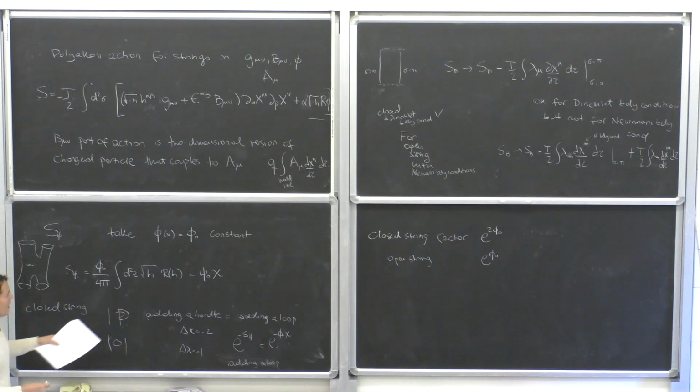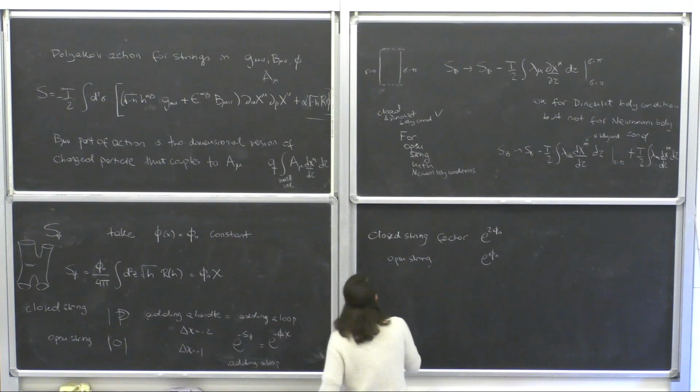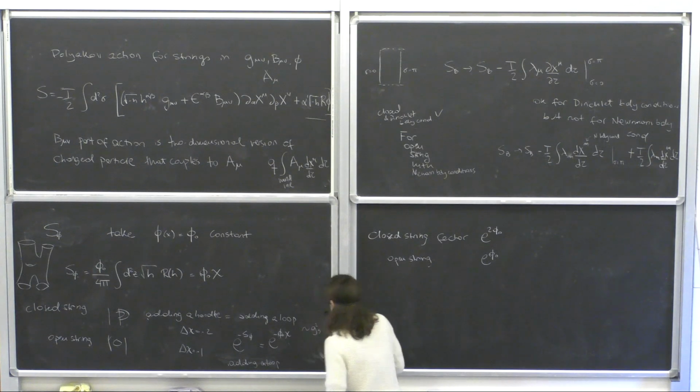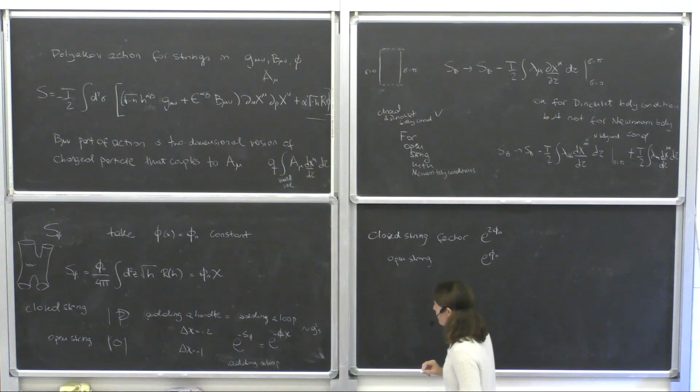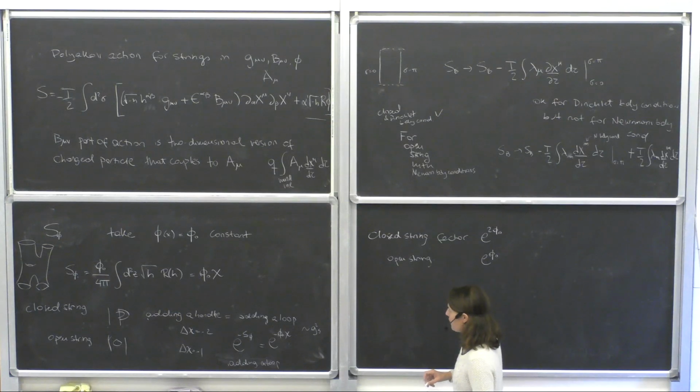So adding a handle also means adding a g string squared, a coupling constant that we haven't talked about.